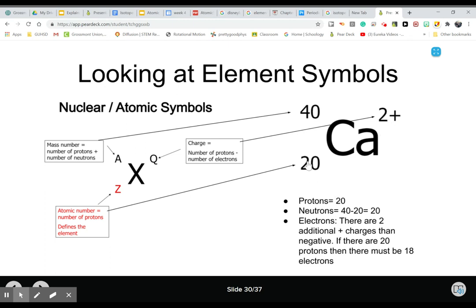So protons is 20, neutrons I get from here, 40 minus 20, so top minus bottom gives you neutrons. And for electrons, there are 2 additional positive charges than negative charges. So if there are 20 positive charges, there therefore must be 18 negative charges. 20 minus 18 gives you that +2 charge.